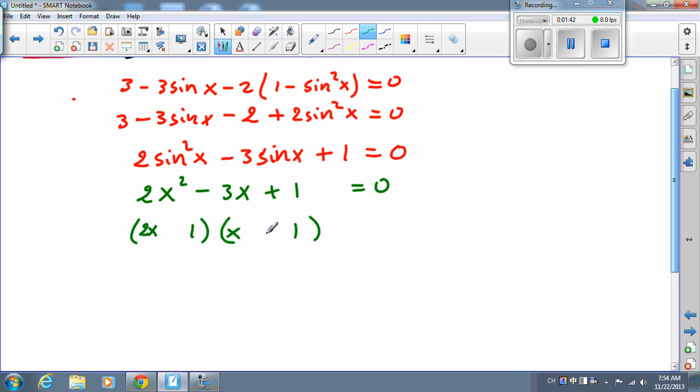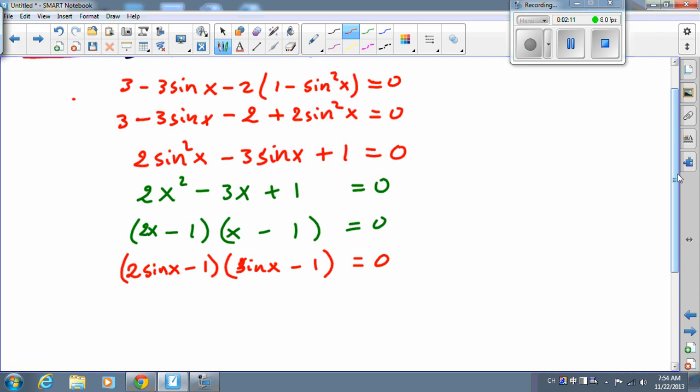That'll be my negative 2x, negative another x, positive 1. All right, equal to 0. Well, I can rewrite this one and now take it back to 2 sine of x minus 1 times sine of x minus 1 is equal to 0.